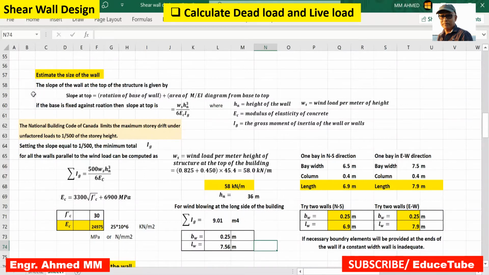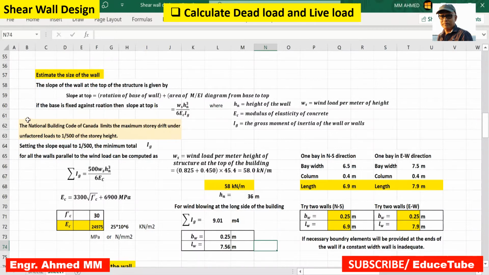So our target is to find the slope of the wall at the top of the structure, and it is given by this: slope at top equals rotation of base of wall plus area of M by EI diagram from base to top.